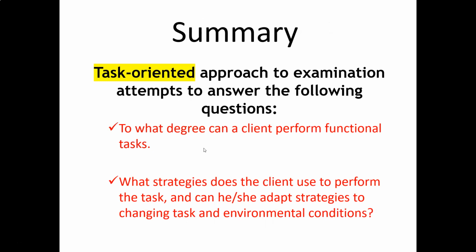So in summary, a task-oriented approach to examination attempts to answer the following questions. To what degree can a client perform functional tasks, what strategies does the client use to perform the task, and how and can he adapt strategies to changing task and environmental conditions? So if you can answer these questions, then a task-oriented approach to examination would be appropriate.